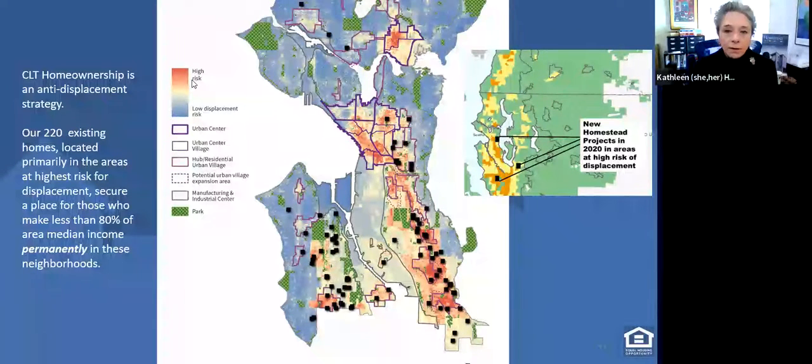We also care deeply about creating opportunities for people to come back or to enter neighborhoods where they were redlined out before. And that's why we're developing in the Finney neighborhood.